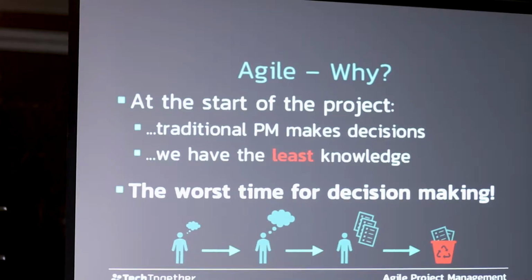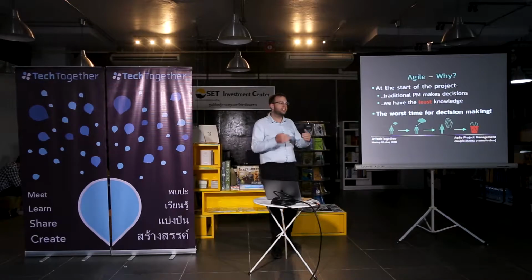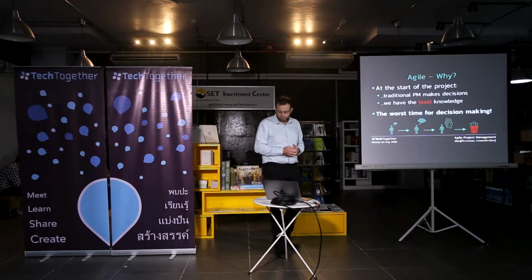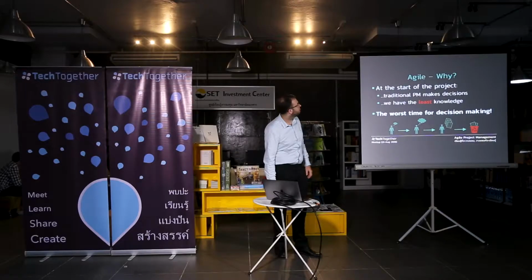So Agile tries to come in with a different approach. It has some kind of balance to the planning. I definitely don't want to imply there is no planning in Agile. You still plan, but you have to decide a balance, how much is useful. Okay, so why Agile?